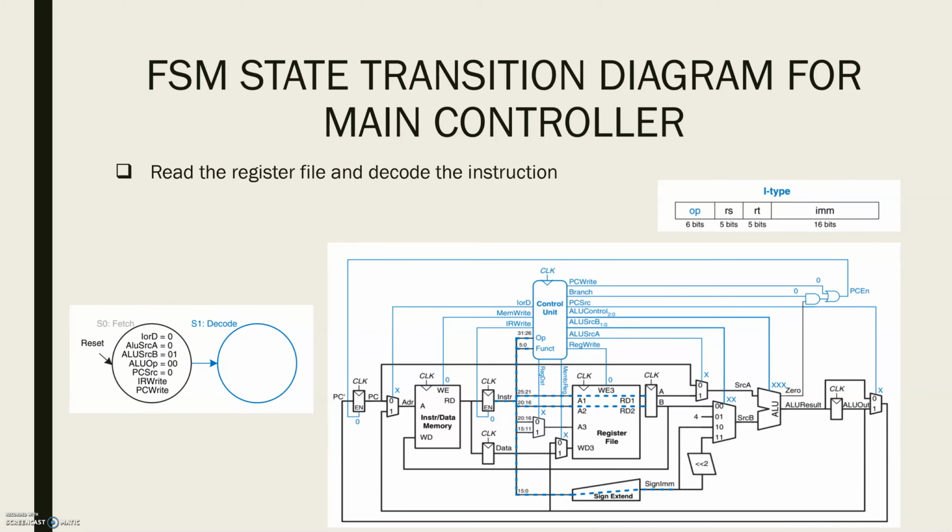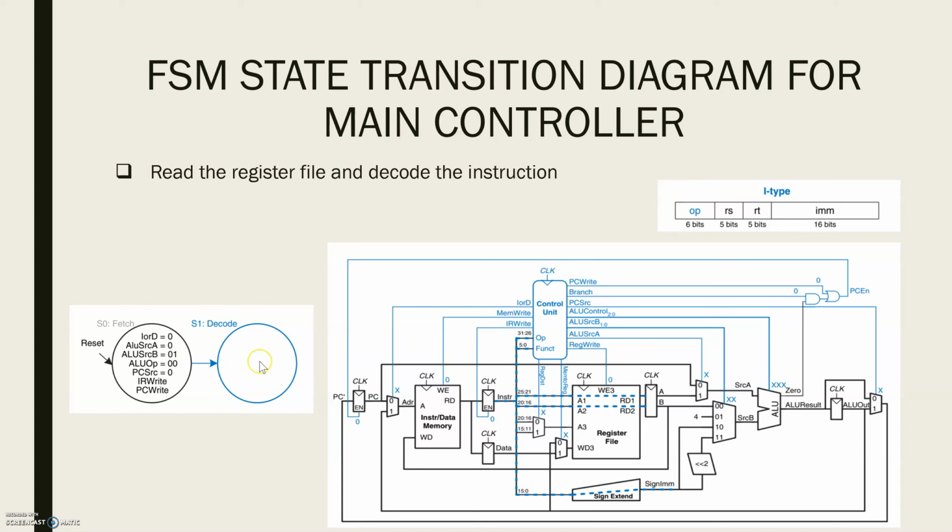The next step is to read the register file and decode the instruction. The register file always reads the two sources specified in the RS and RT fields of the instruction. Meanwhile, the immediate value will be sign extended. Decoding involves examining the opcode of the instruction to determine what to do next.